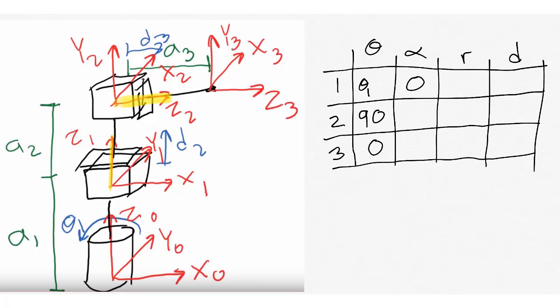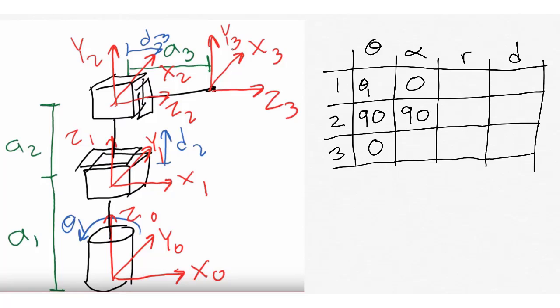So I'll ask myself, how do I have to rotate frame 1 around the x2 axis in order to get z1 to match z2? I would have to rotate frame 1 90 degrees around the x2 direction in order to get z1 to be pointing to the right. So alpha for the second row is 90.